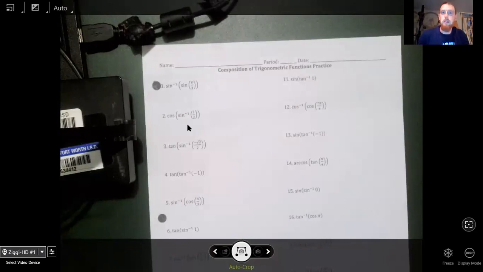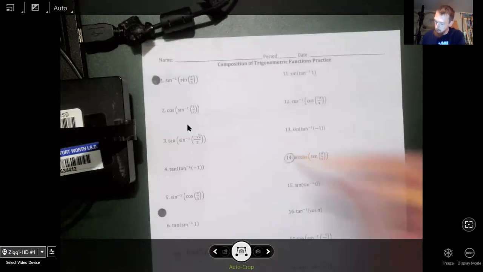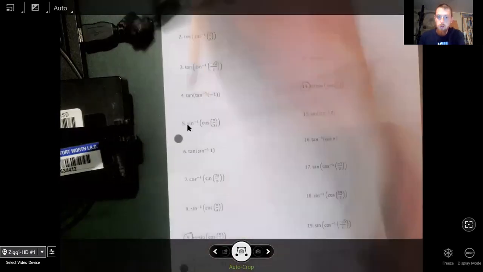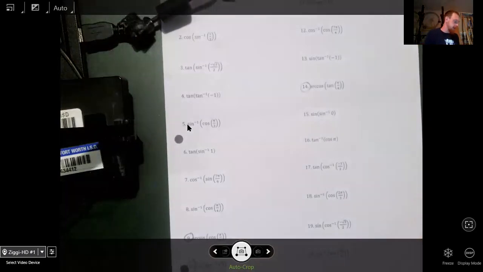So this is basically the same thing that we've been doing in looking at the basic inverse trig functions, and just putting it together with what we learned about last week and what we did before spring break with the unit circle. So we're going to look at 3 problems here, and then we're going to post the rest of these for you to review and help you on the assignment. So we're going to look at number 14, number 9, and number 10.